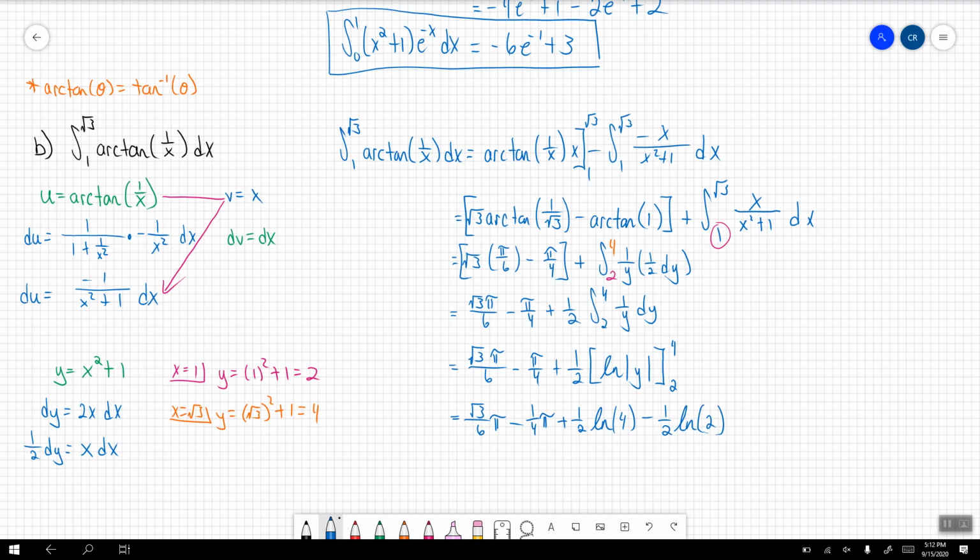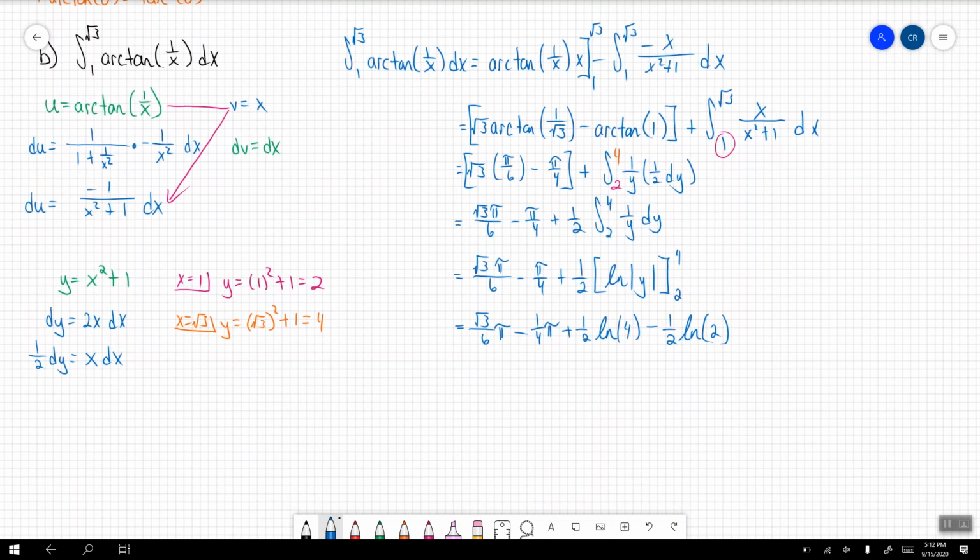Okay, we can condense here, so rest assured we are going to condense. Let's get some common denominators here for these pi's. Between 4 and 6, that's going to be 12. So that's going to be 2 root 3 minus 3, all divided by 12, and this is multiplied by pi.